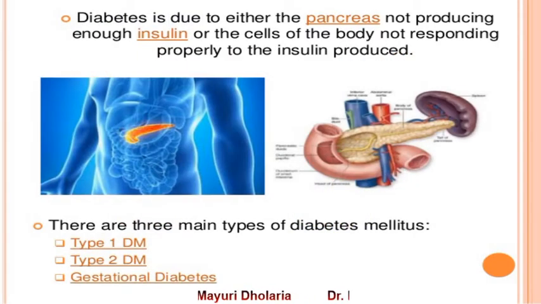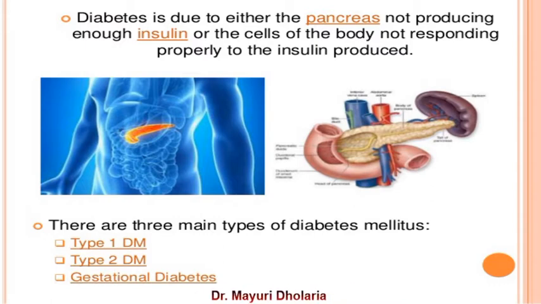Diabetes is majorly of three different types: type 1 diabetes, type 2 diabetes and gestational diabetes. The major cause of diabetes is a problem in the pancreas.